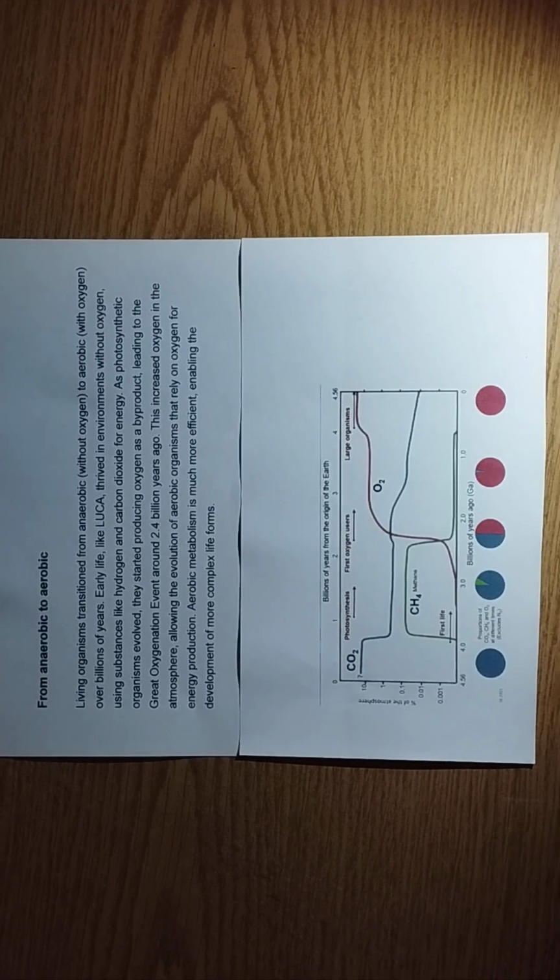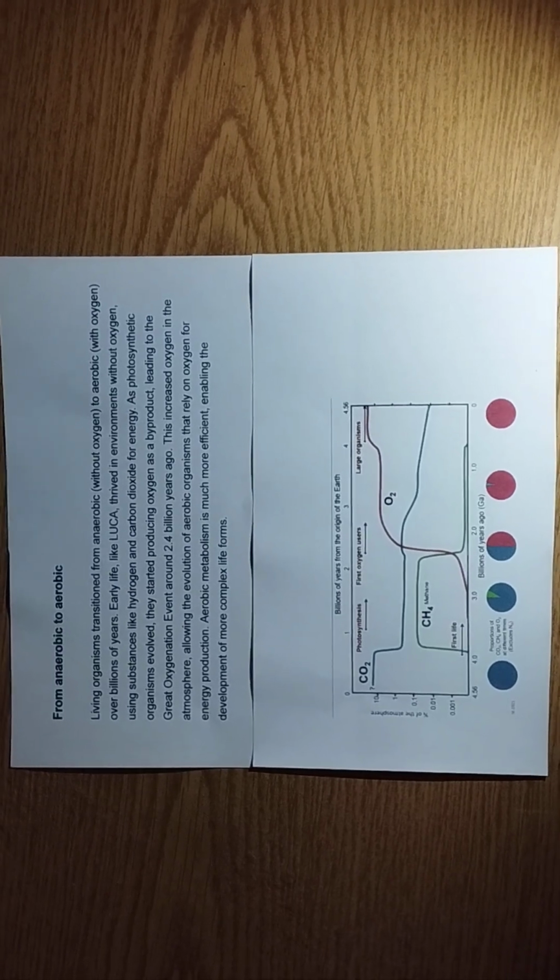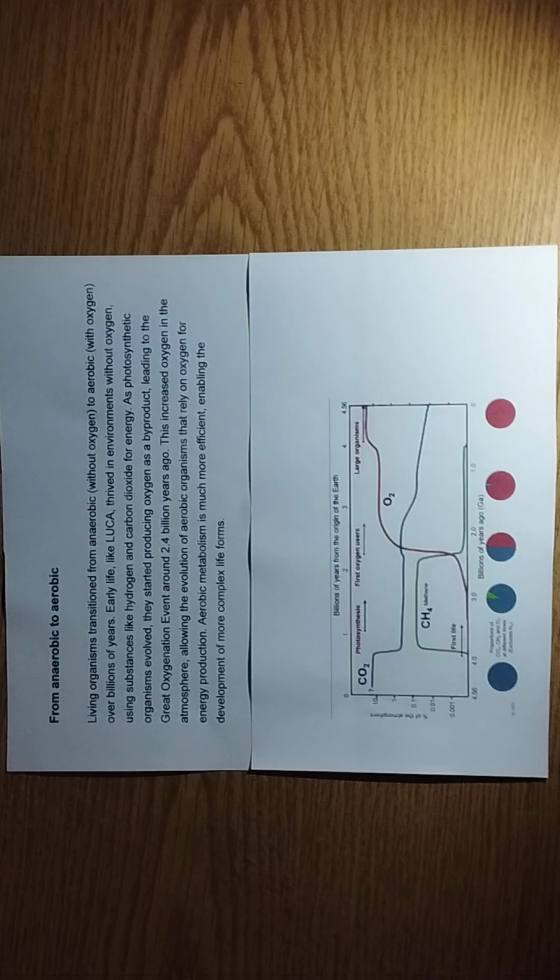As photosynthetic organisms evolved, they started producing oxygen as a byproduct, leading to the Great Oxidation Event around 2.4 billion years ago. This increased oxygen in the atmosphere, allowing the evolution of aerobic organisms that rely on oxygen for energy production. Aerobic metabolism is much more efficient, enabling the development of more complex life forms.